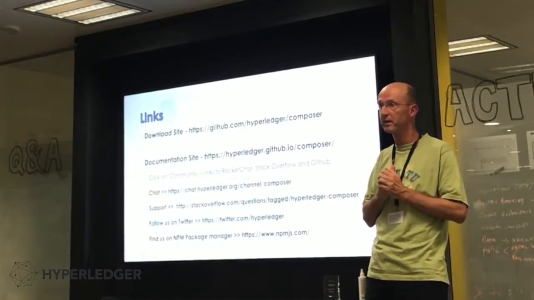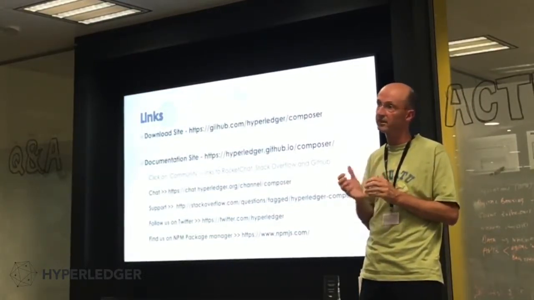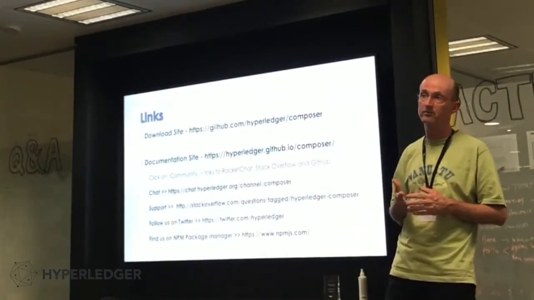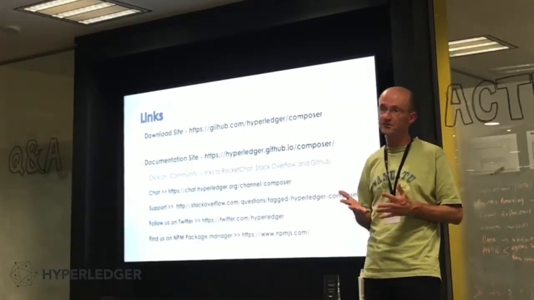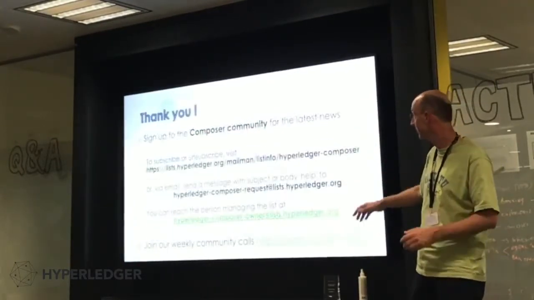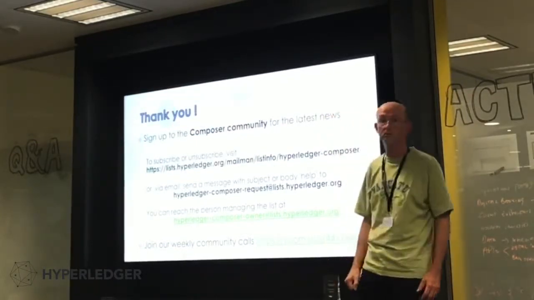Dan has already talked about a skeletal commodity app, which allows you to stand up an Angular 2 app and actually look at something that is able to commit transactions to the blockchain within 45 minutes, for example. That's it. Some further links, and it would be great if you joined our weekly calls. Thank you very much.